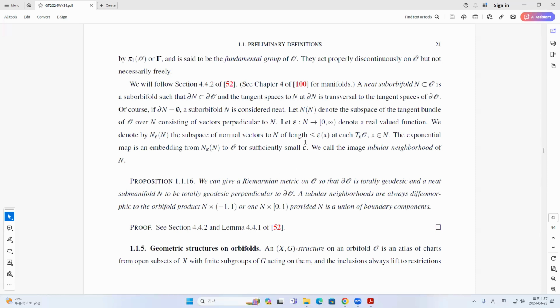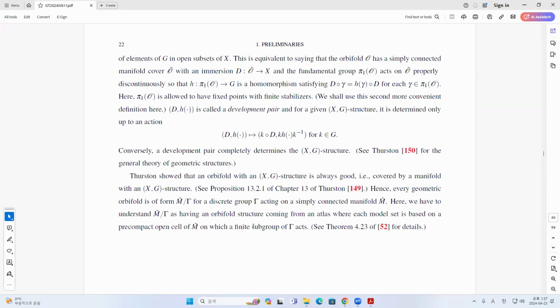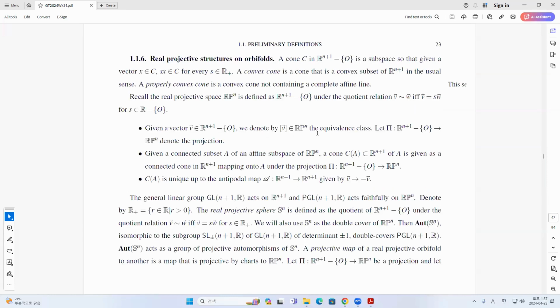We can always give some Riemannian metric on O so that the boundary of O is totally geodesic and the neat manifold is always perpendicular. We did cover this in the first half, and we also did geometric structures in the first half, so we will skip that.